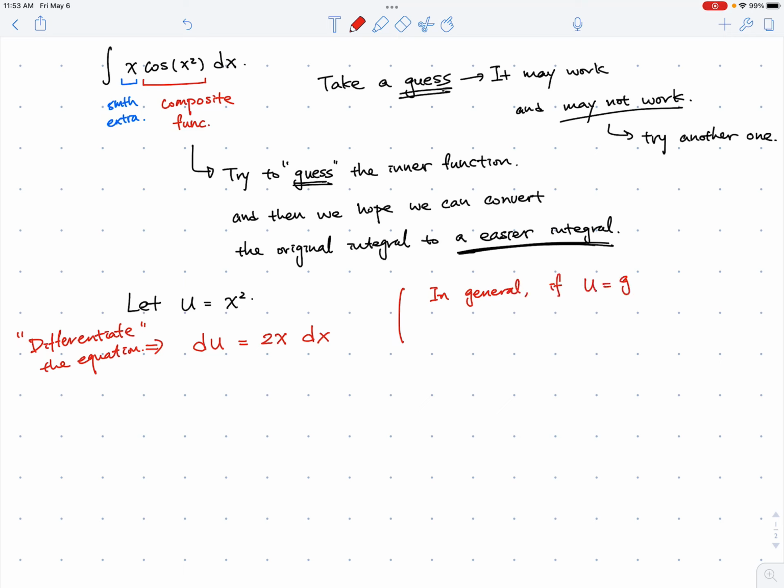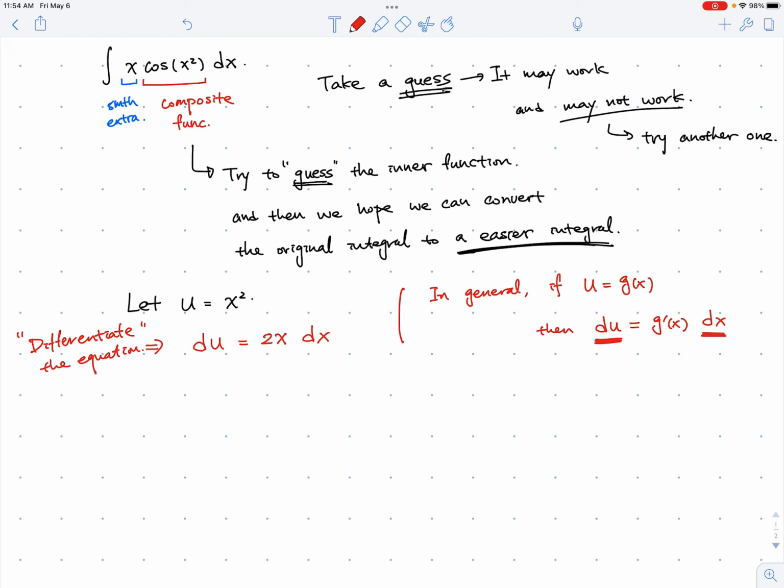In general, if I have u equals g of x, then the equation I'm writing here, which we call the equation of differentials, is in this format: du equals g prime of x dx. Make sure you write the du and the dx.